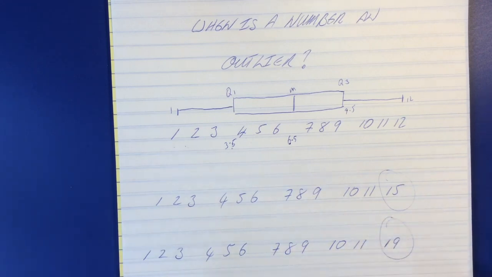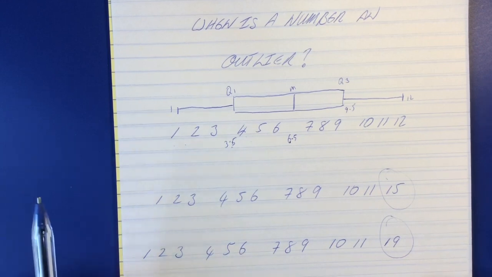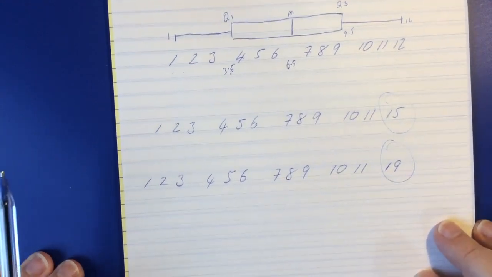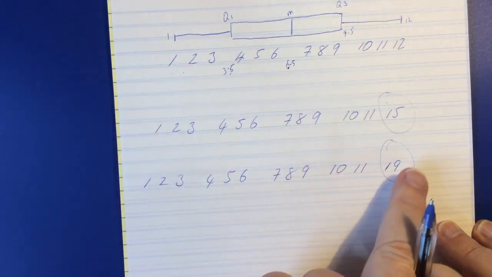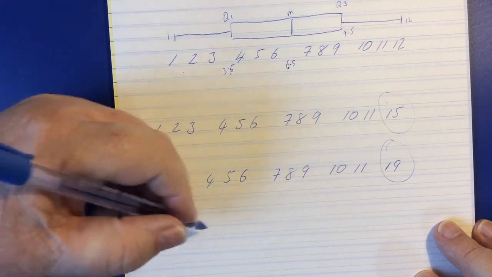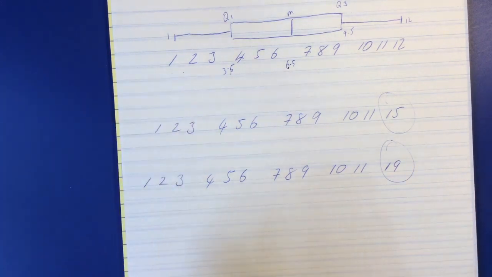And how we find whether something is an outlier is we calculate what's called a fence. And we can have an outlier at this end of the data or at this end of the data. It doesn't matter. So there are two possible fences beyond which an outlier would exist.